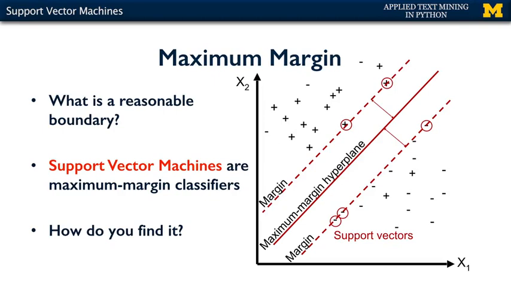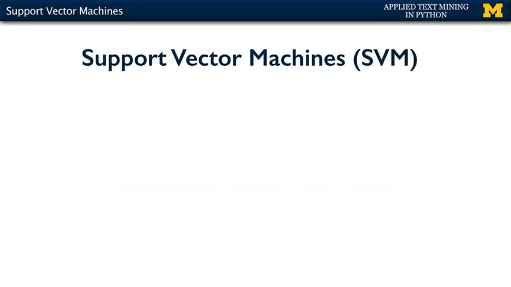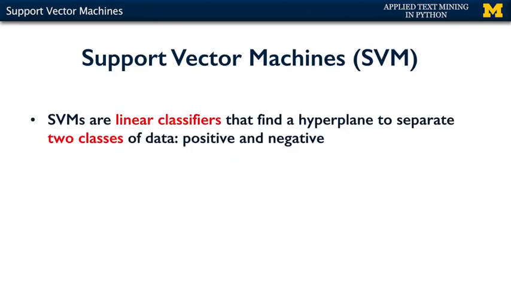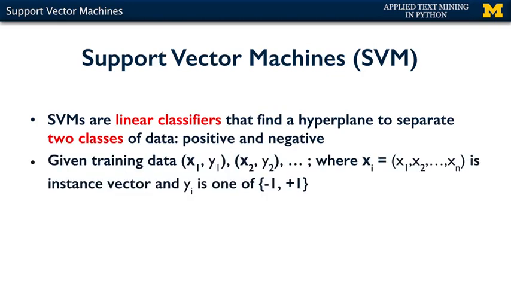So now the question becomes, how do you find it? Support vector machines use optimization techniques to do it. These are linear classifiers that find the hyperplane to separate these 2 classes of data, the positive and the negative class. Basically, given training data of the type x1, y1, x2, y2, and so on, where the x's are the representations of the data in terms of its features, suppose it's an n-dimensional feature representation, and the y's are the class labels, which are one of 2 labels here, -1 and +1.